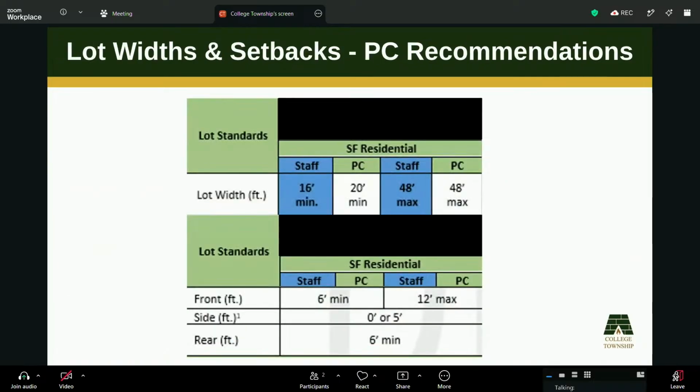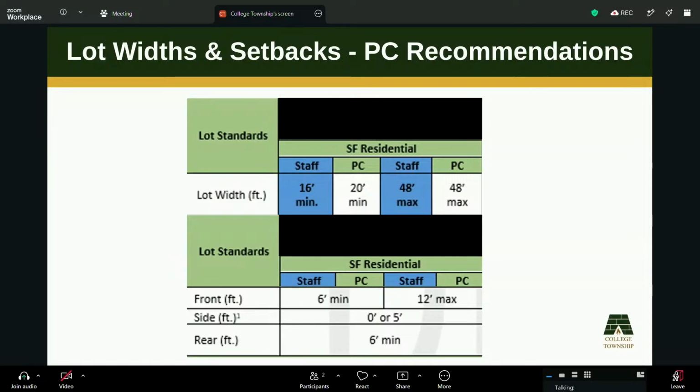So this is what you have in your packet for lot standards for single family. This is just showing you that in the chart so you can see it all together: the minimums and maximums and the setbacks. This is a good time for discussion, I think, if we go through each column. We'll know best by the time we get to the fourth column what we're doing.